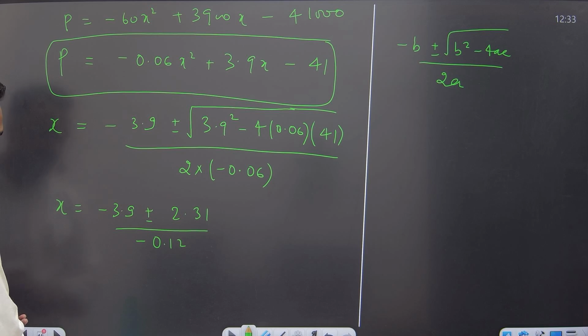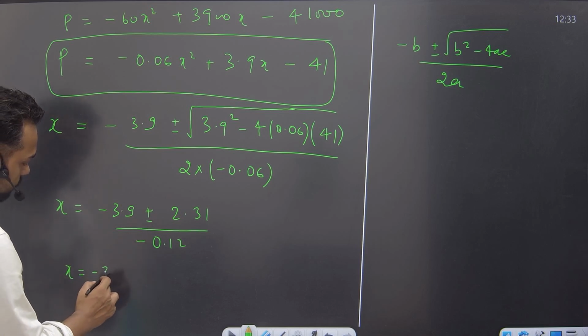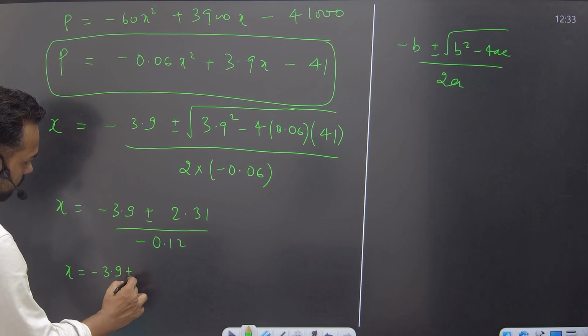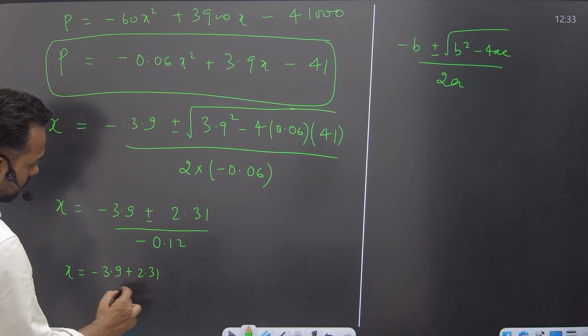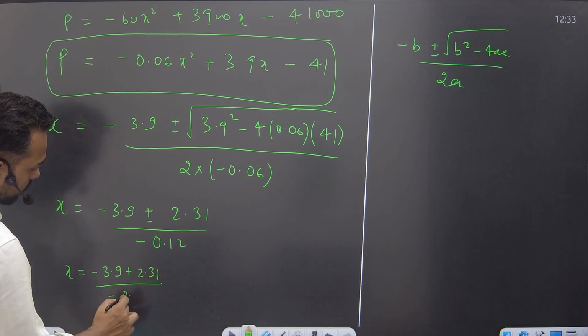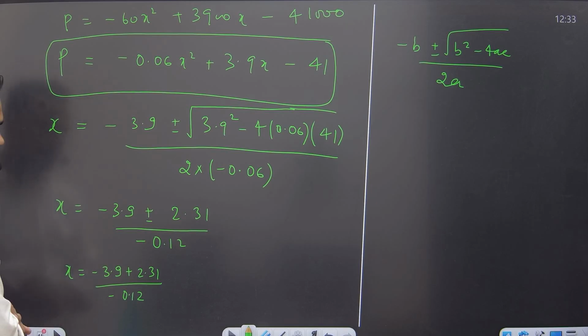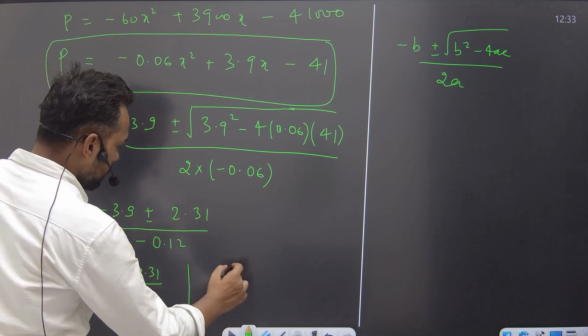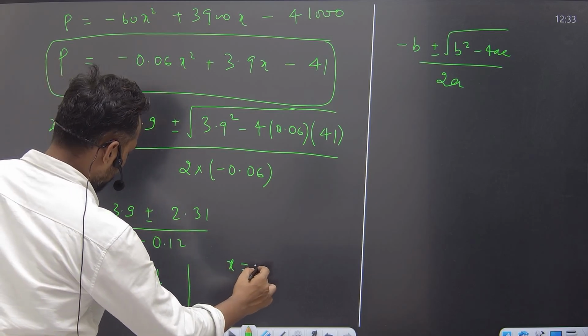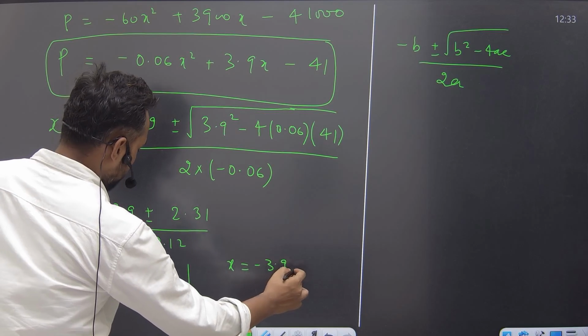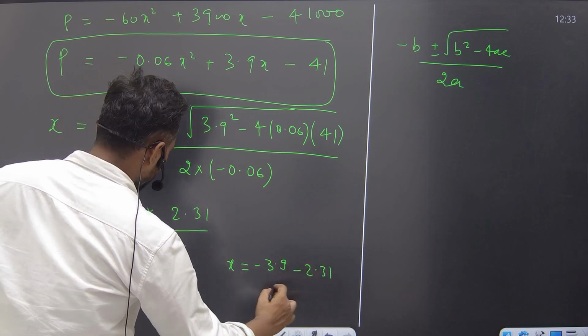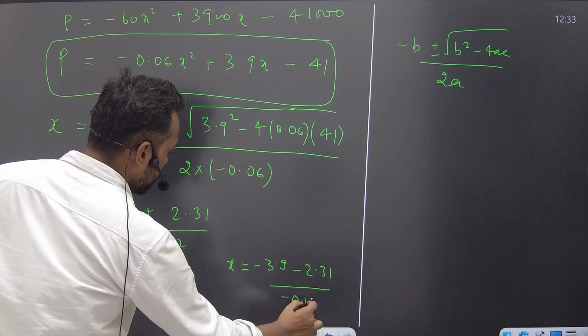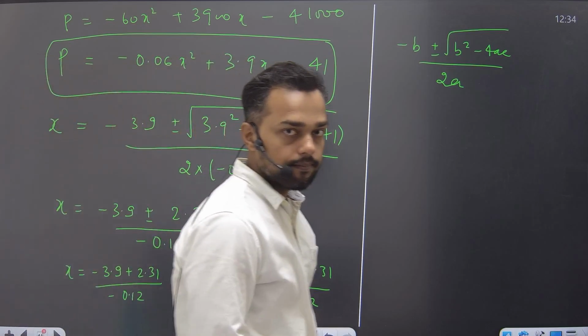So for x, first we take the positive term, so it will be minus 3.9 plus 2.31 upon minus 0.12. Similarly, x will be minus 3.9 minus 2.31 upon minus 0.12.